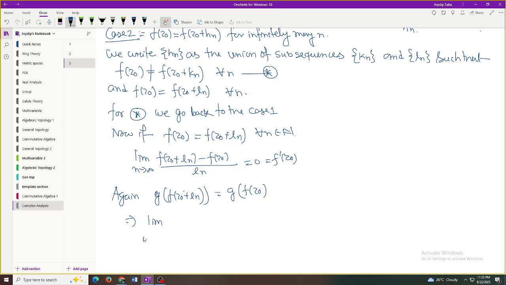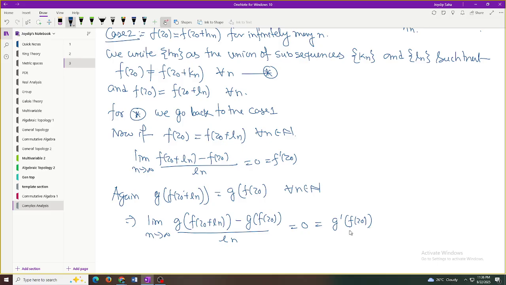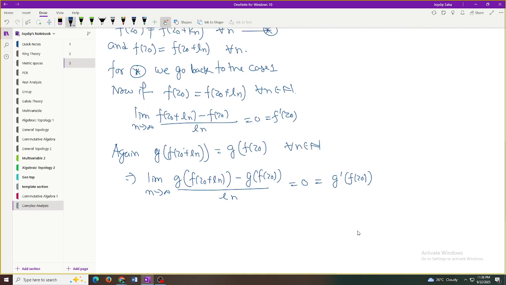Limit n tends to infinity gives zero, because this is equal, again given the limit exists because g is differentiable at f(z0).